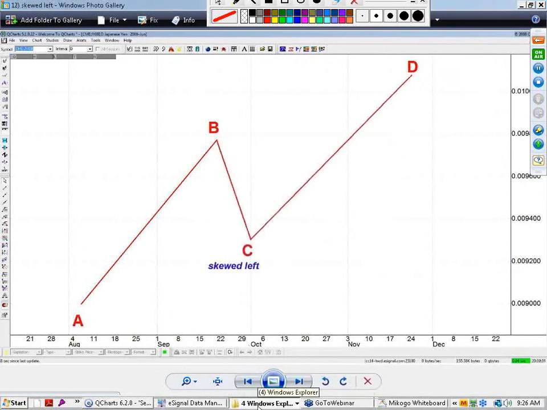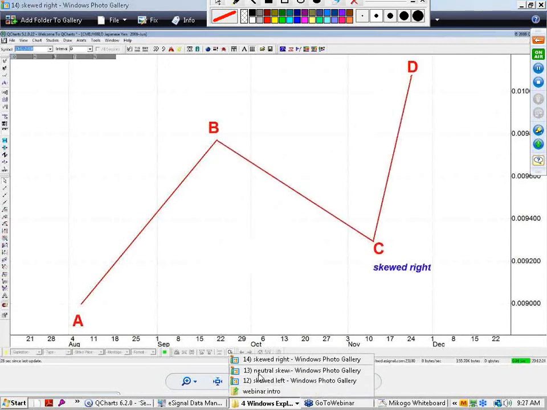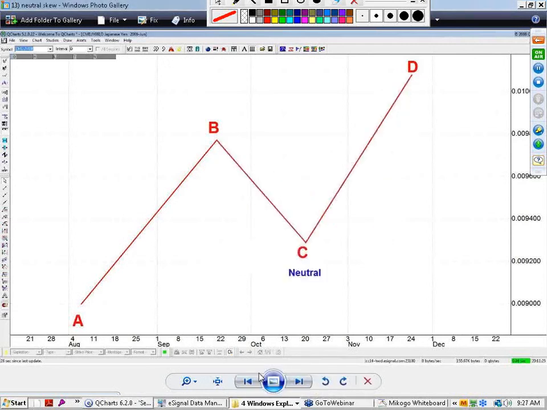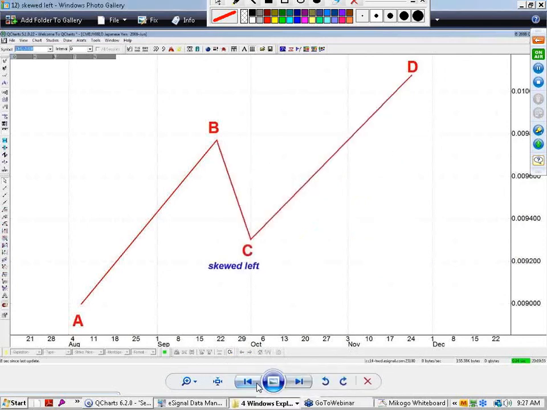Okay, it can be seen as something skewed to the left, same retracement as before, or skewed to the right, or skewed in a neutral way. Okay, so this has some dramatic effects on the strength of the trend. Okay, now the first thing to do is to recognize these patterns right away. They're not that hard to remember. They're not that hard to recognize.